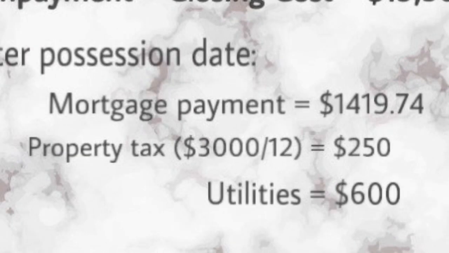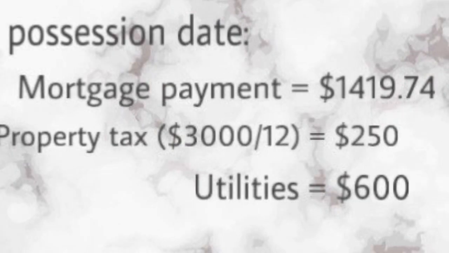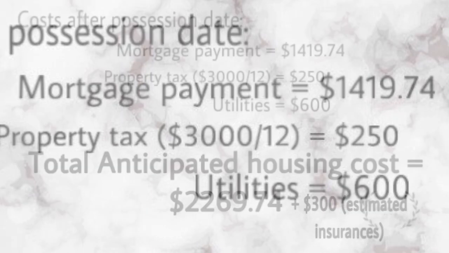So, 1% of 300,000 is 3,000. I-divide natin yan sa 12. That's how we came up with the $250, okay? And then, I always use an extra $600 for utilities. Conservative pa rin ito. It can be more than 600, but this is just for illustration purposes of what is the anticipated cost amount of owning a $300,000 worth of a property, okay?